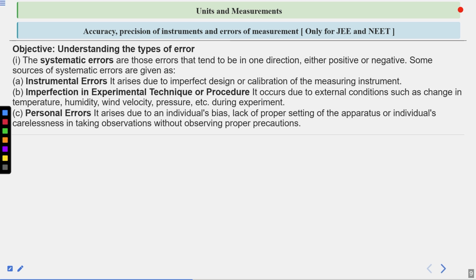Third is personal errors. These arise due to individual bias, lack of proper setting of the apparatus, or the individual's carelessness in taking observations without observing proper precautions. It means systematic errors are of three types: instrumental errors, imperfection errors, and personal errors.